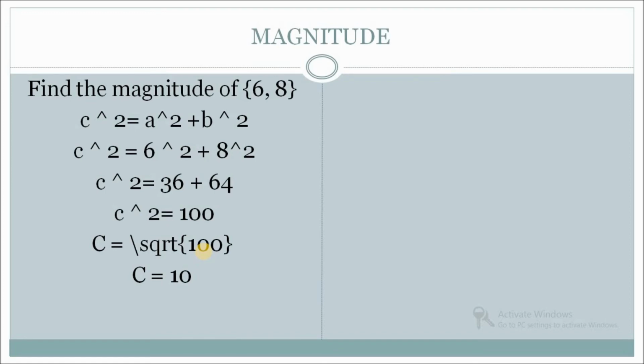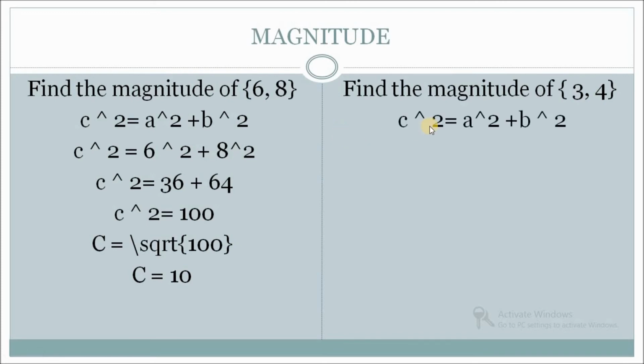Let me give you another example for better understanding. So this is (3, 4). So c squared equals a squared plus b squared. Remember this formula? You have to remember it to find the magnitude of any vector. So c squared we don't know, we have to find it. Let's substitute a as 3 and b as 4. Now let's multiply 3 times 3 and 4 times 4.